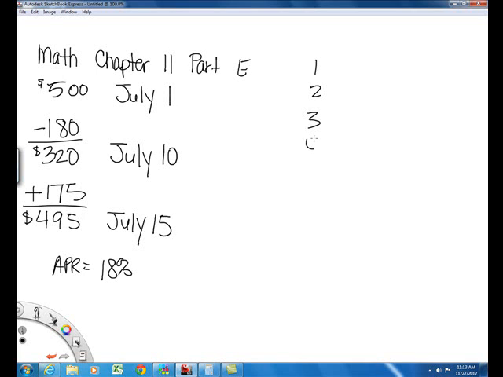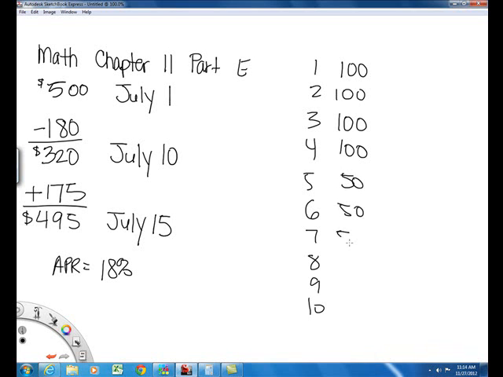Let's just go to 10 days and we'll get the average over 10 days. Credit cards don't change that much. So let's say we had 100 on days 1, 2, 3, and 4. We made a payment of $50, so now we had a $50 balance, and then let's say we bought something on the 9th, so that changed it to 70.